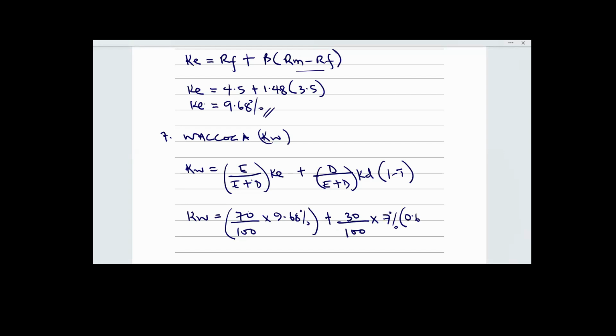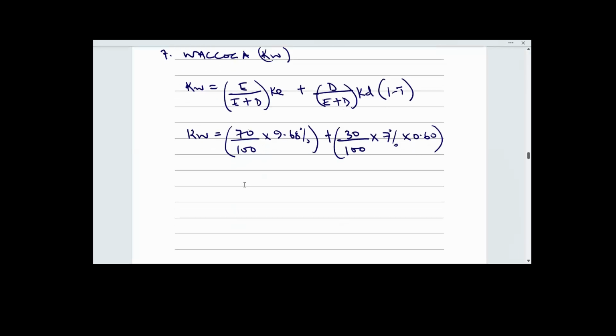We have to account for 60%. So multiply by 0.60, lest I forget. Notes. KD equal to 2.5% plus 4.5%. KD equal to 7%.